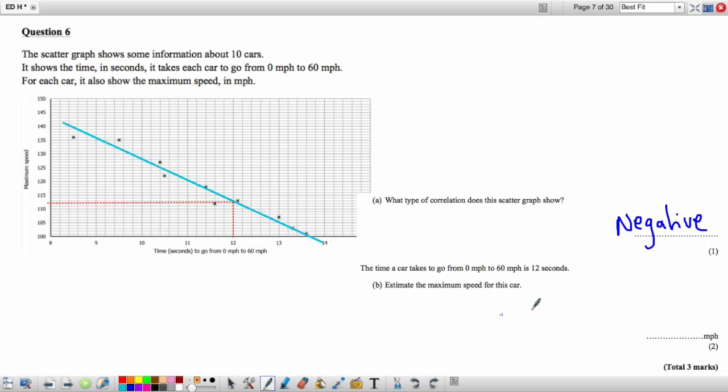So approximately 113 miles per hour. Make sure my line is drawn straight here across. So mine's coming out at 113. Yours might be slightly higher or lower, depending on where you've drawn your line.